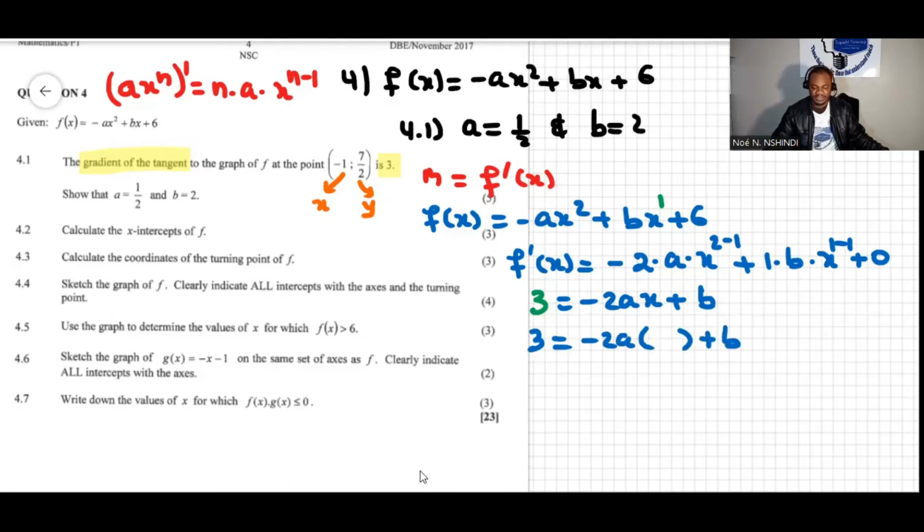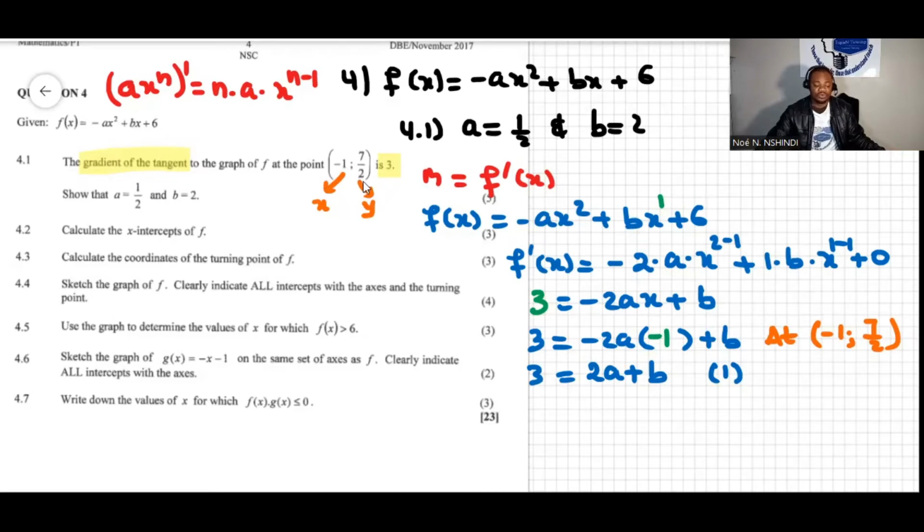So at the point (-1, 7/2), I sub in -1 for x, and then 3 equals 2a, because -2a times -1 makes positive 2a, plus b. We can call this equation 1. Now, the same point here, the point where the tangent passes, is a point on f.